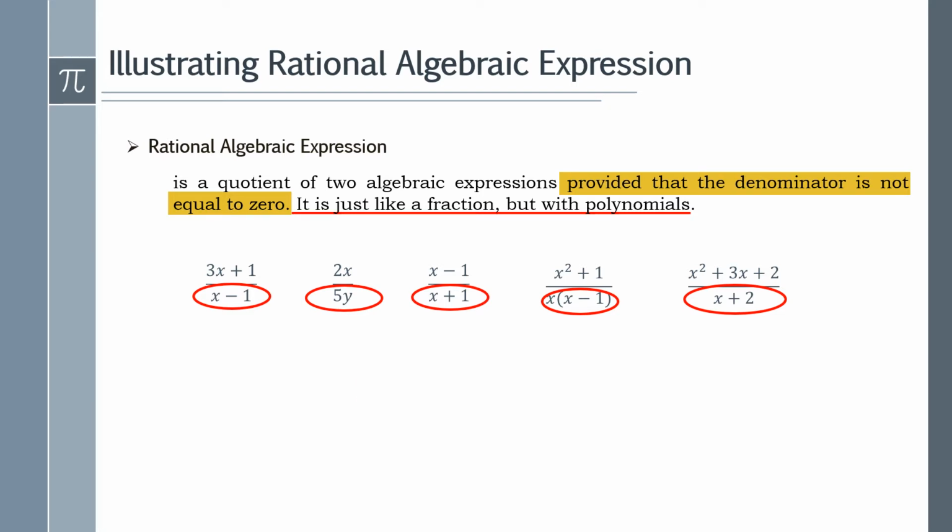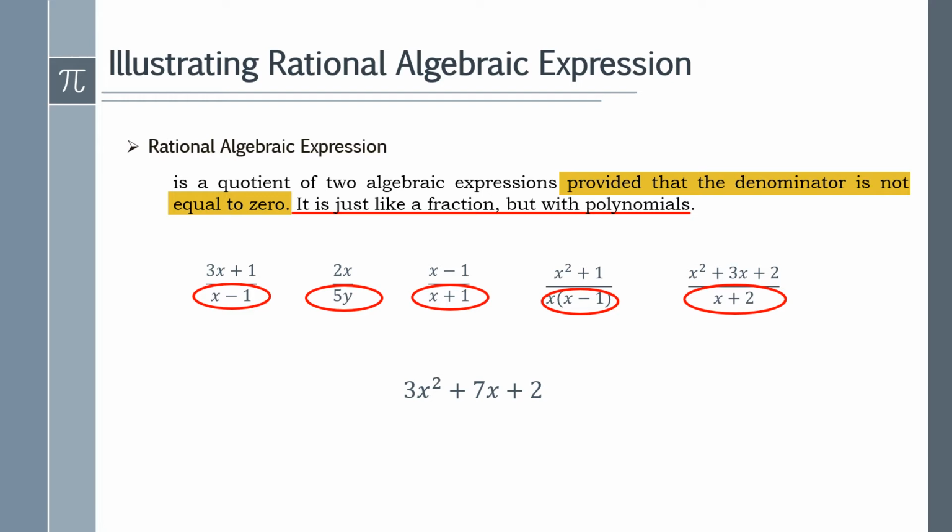How about this one, class? Is this a rational expression? Though it is not in a fraction form, it is just like a fraction, right? It does not necessarily have to be a fraction. If it is written as a fraction, the parts should be polynomials.